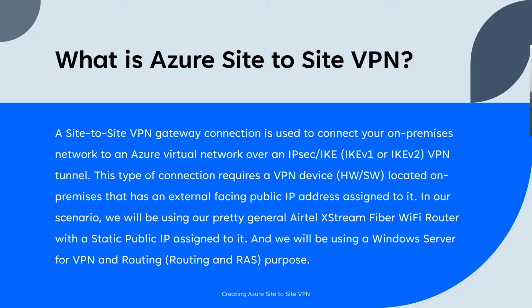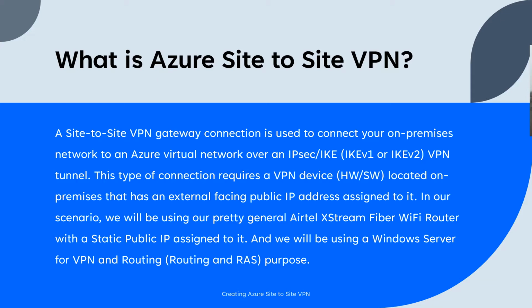If you don't take a static IP, that IP will be dynamic and keep changing again and again. In that case, you'll probably need to modify your VPN configuration in the Azure cloud multiple times.